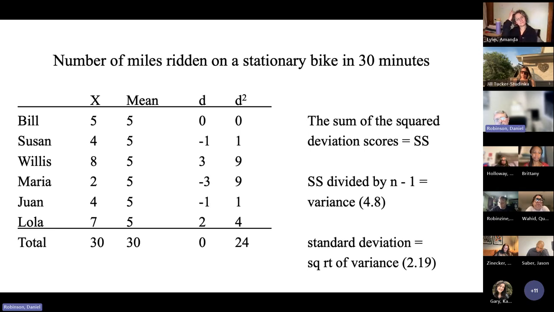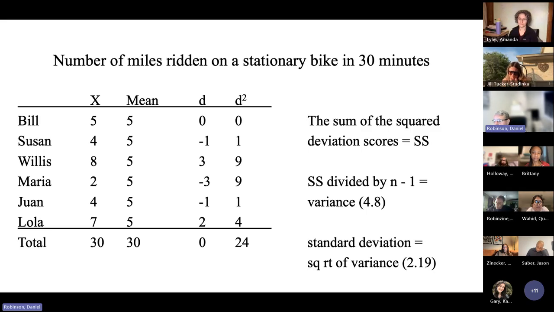Now, I've also got a d squared there, and that is the squared difference scores. All I'm doing there is squaring those difference scores. So -1 squared is 1. I'm removing the negative signs. And when I sum all those up, I get 24. Does anybody know what 24 represents? You just yell this out if you know what it is.